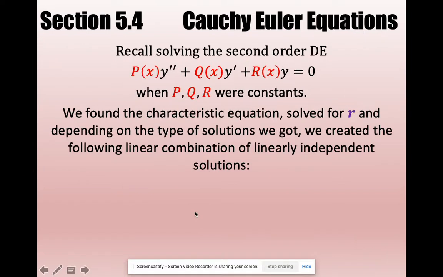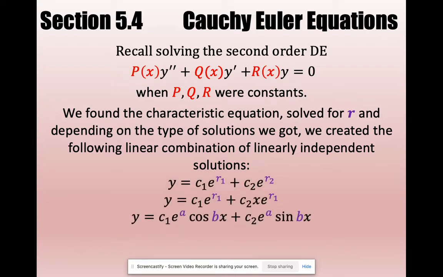So Cauchy Euler equations, remember we're dealing with a second order differential equation of this form where P, Q, and R, right? When they were constants, I want you to remember what we did was we found a characteristic equation. We solved for the R, right? And since this was second order, we were solving a quadratic. And then we created the linear combination of linearly independent solutions. And they looked like this, right?